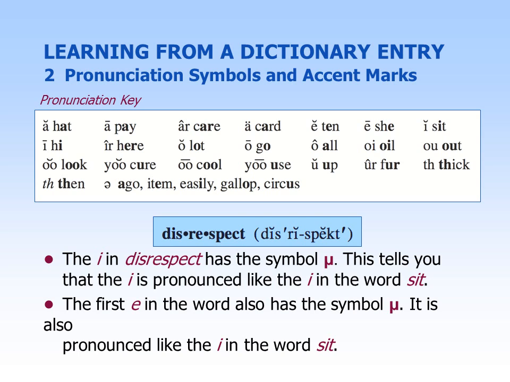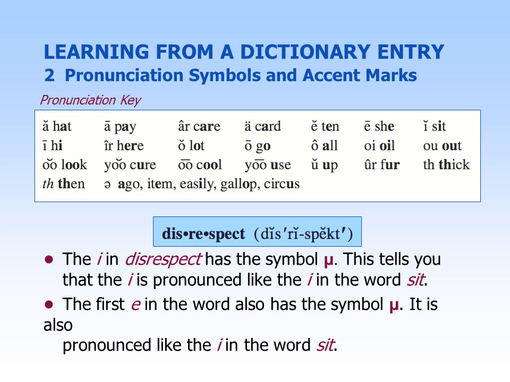Short I as in sit. Long I as in high. Ear, as in here. Short O, as in lot. Long O, as in go. All, as in all. Oi, oil. Ow, out.